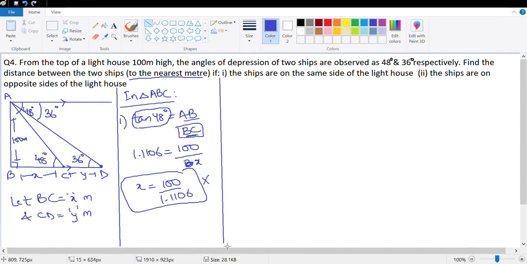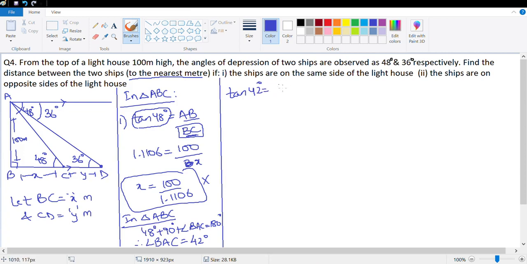That's why I'll ignore this and I'll use the complementary angle method, which is in triangle ABC, 48 degree plus 90 degree plus angle BAC is equal to 180 degree. Therefore, angle BAC is equal to 180 minus 138, which is equal to 42 degree. So now I'll apply the tan 42 degree method.